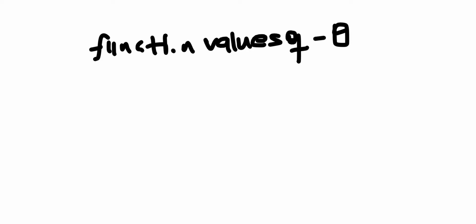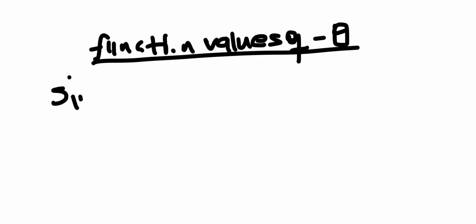So remember, I'm talking about a function value of a negative angle. In other words, you may be given, let's say, sine of whatever angle, and let's say it is a negative angle.